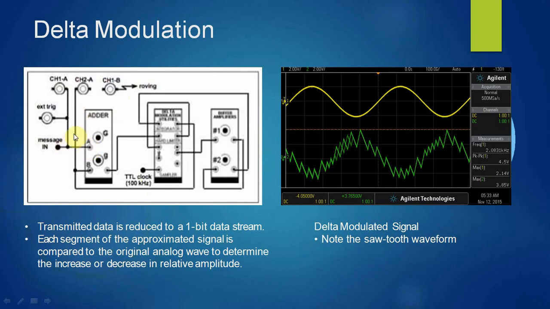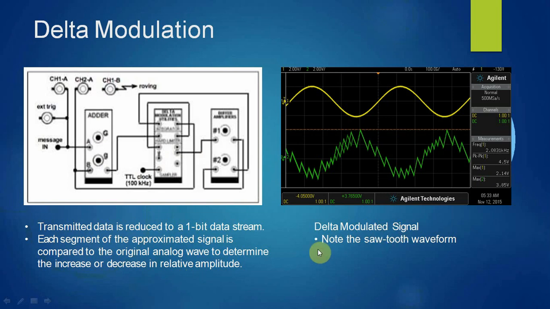One input comes from channel 1 and one from channel 2; A and B are the inputs, and whatever output comes from the TTL logic is the transmitted data, reduced to a one-bit data stream. Each segment of the approximated signal is compared to the original analog wave to determine the increase or decrease in relative amplitude.